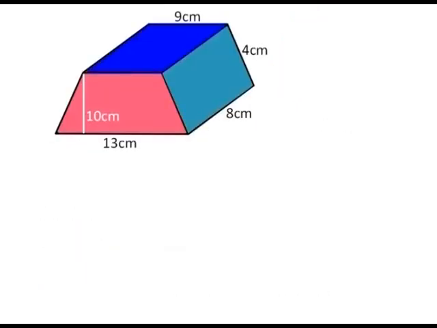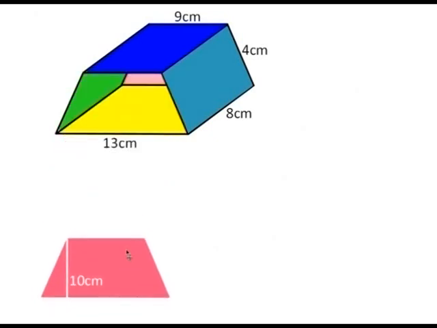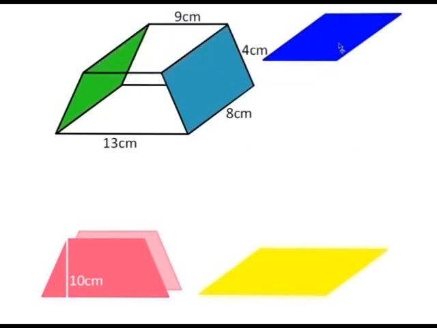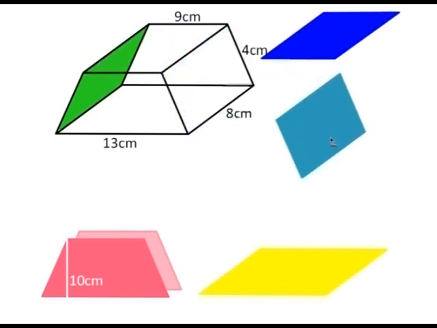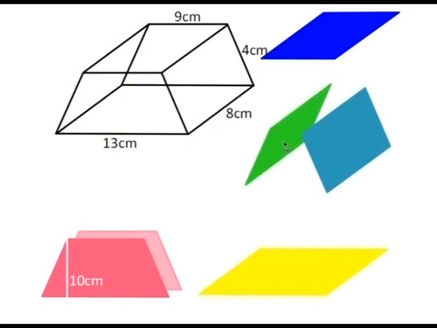And then we go to the trapezoidal prism and do the same. We separate the faces. Trapezium making the cross-section, 2 of them. 1 base rectangle, a top rectangle, and 2 equal rectangles.